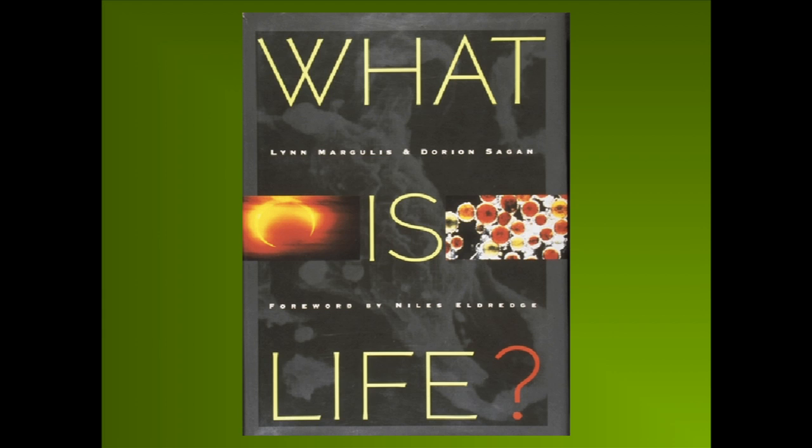What is life? I would suggest that actually, given Lynn Margulis was right at least once and probably twice, she wrote this book with her son, Dorian Sagan. She was married to Carl Sagan for a while. And they wrote this book, What is Life?